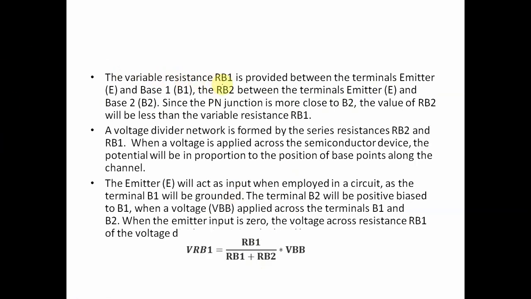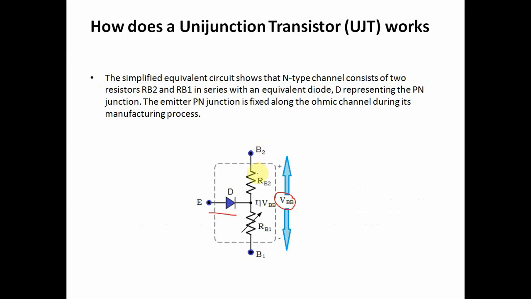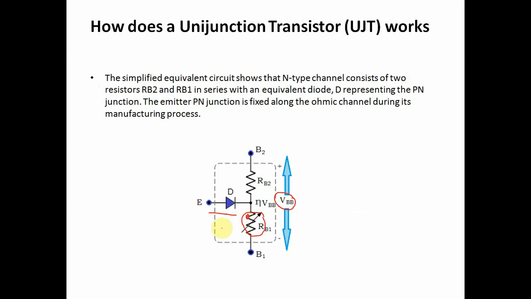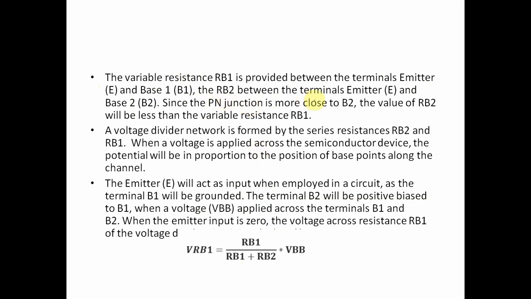The variable resistance RB1 is present in between the emitter and base 1, and RB2 is in between the emitter and base 2.